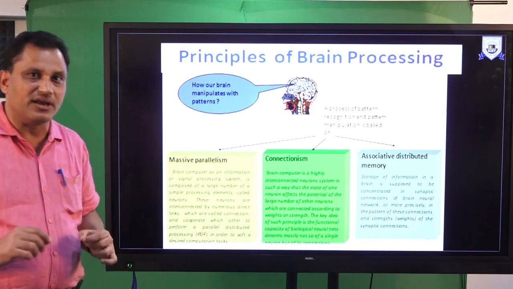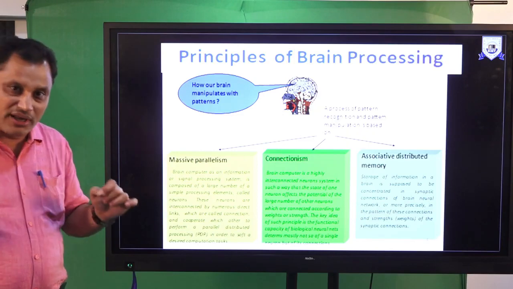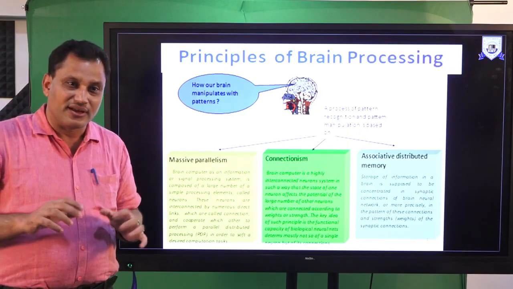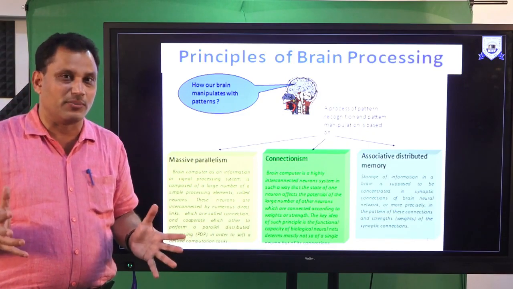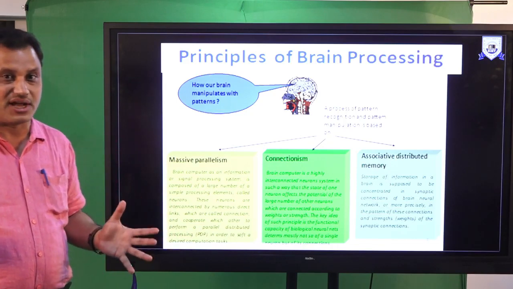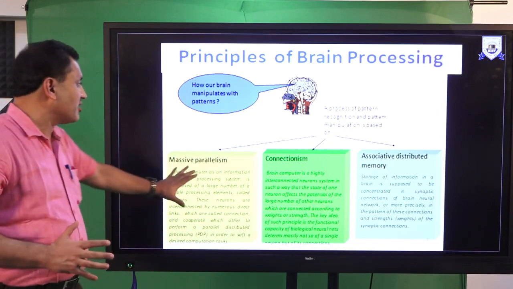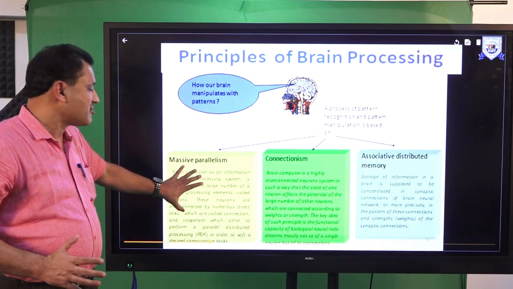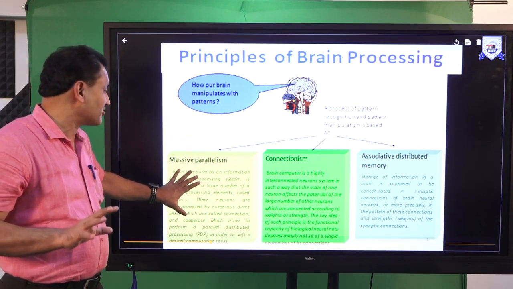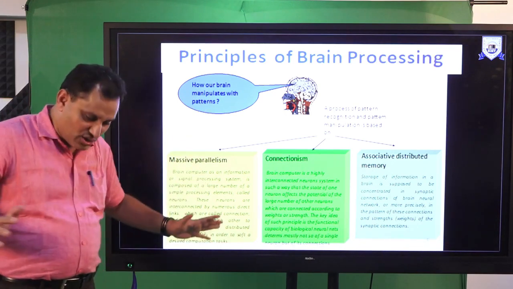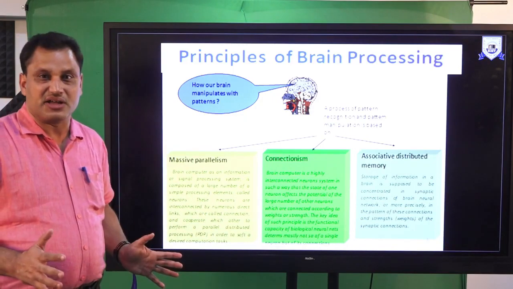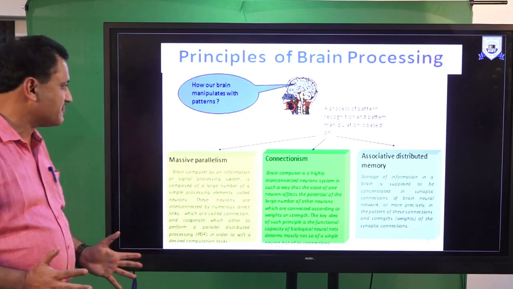But the human brain is trained to automatically behave for multitasking, to do multiple tasks at a time. So for massive parallelism, the human brain is a perfect example of multitasking. It can do multiple tasks and take multiple decisions at a time.